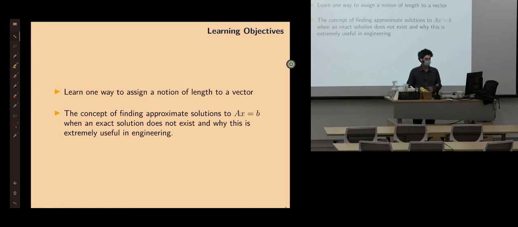We also want to look into an important problem that comes down to, again, solving a system of linear equations, but when there's no exact solution, and what we can do with that. And that will lead to the least squares problem. And after that, we're going to see an application of least squares for linear regression.